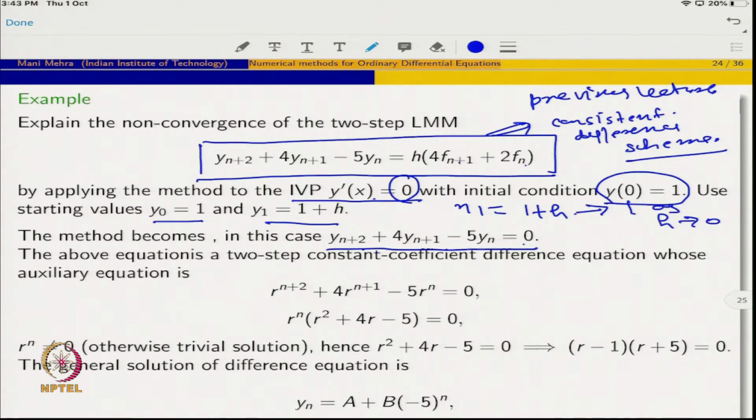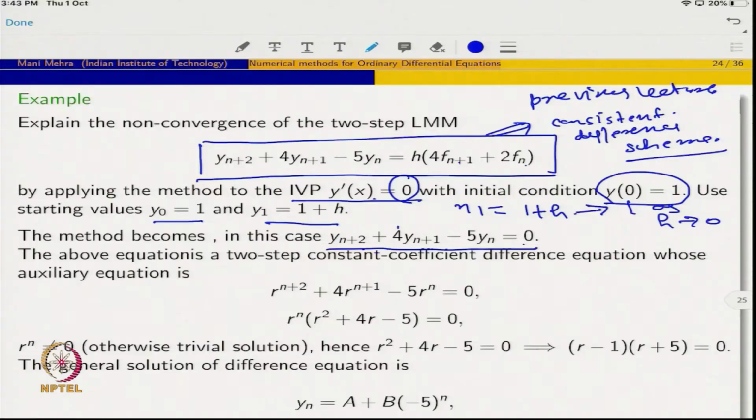Like so far you must have seen constant coefficient differential equations. You call it a constant coefficient differential equation when the coefficients are constant. In a similar way, when the coefficient of this term and the coefficient of this term are constants, it is called a constant coefficient difference equation. Okay.